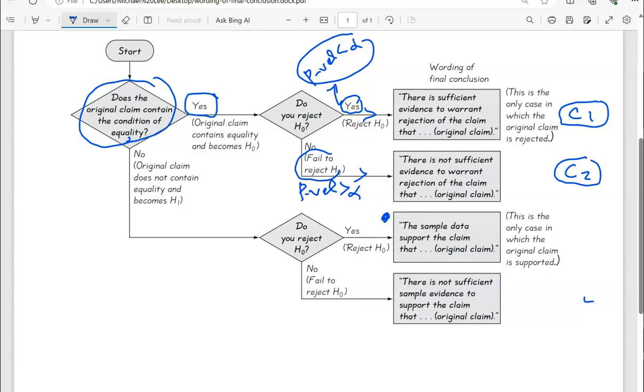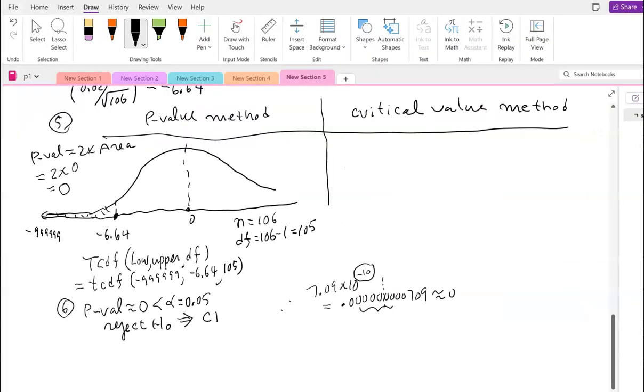What is case 1? Sufficient evidence to reject the claim. Okay, so the final conclusion is: sufficient evidence to reject the claim.